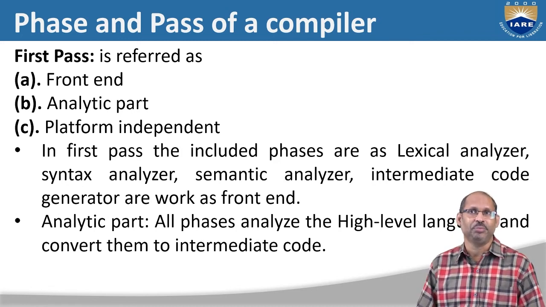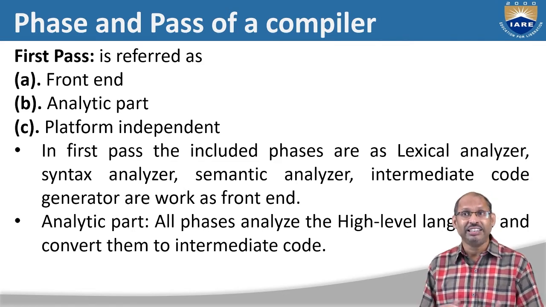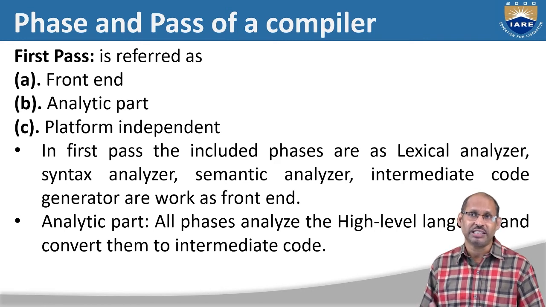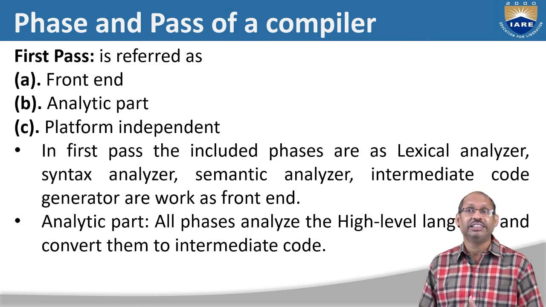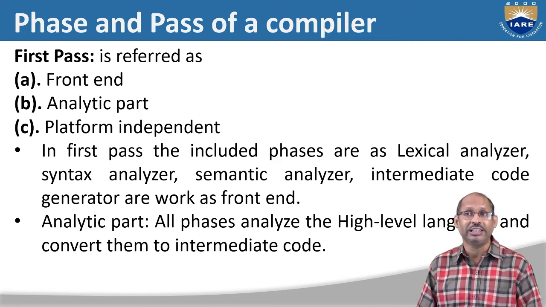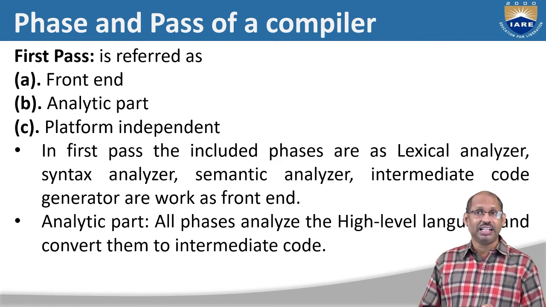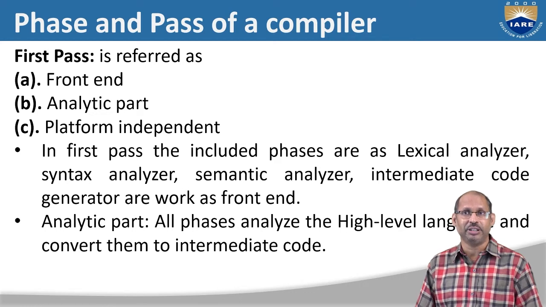These are the alternative names. We have already seen front end, back end, analyzer and synthesizer. The front end, our analysis part, our platform independent phase, our first pass are the same. It will include the lexical analyzer, syntax analyzer, semantic analyzer, and intermediate code generator.